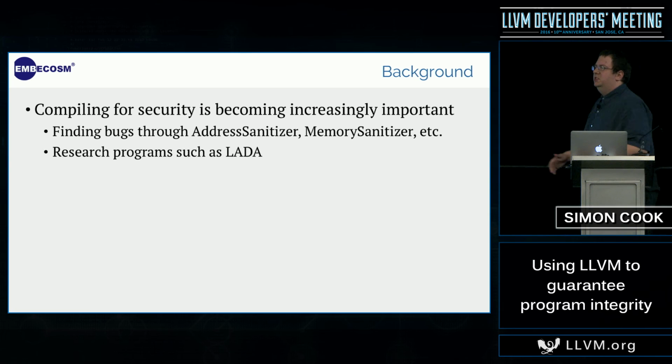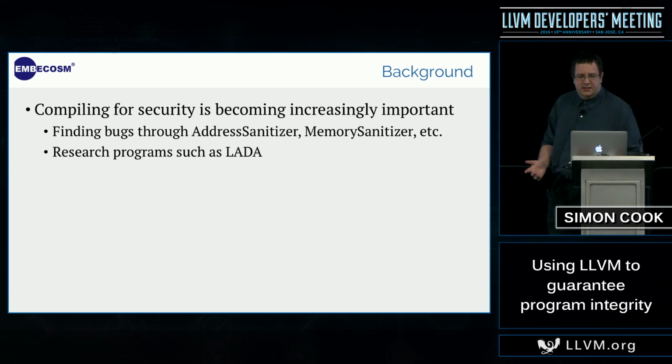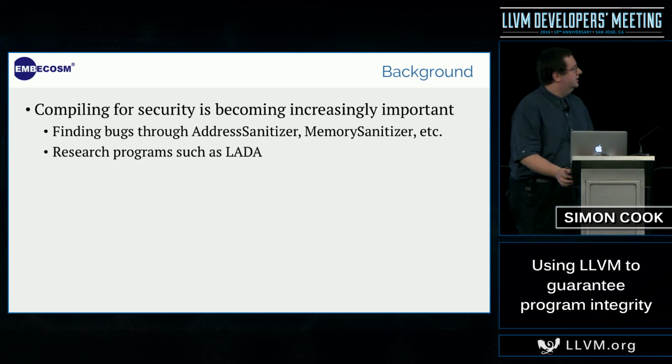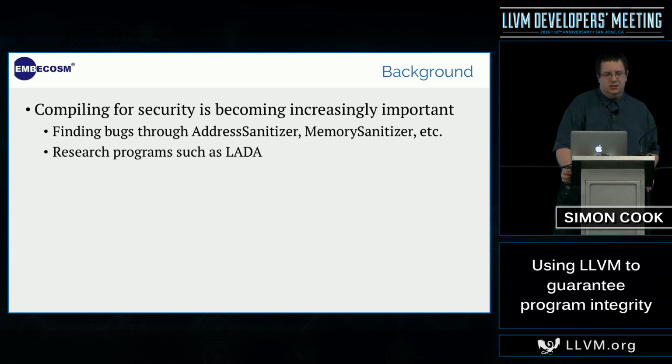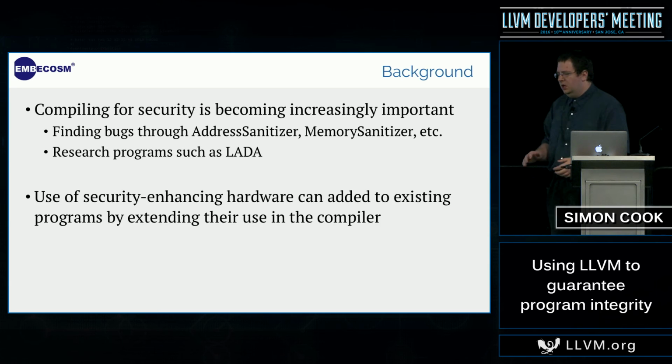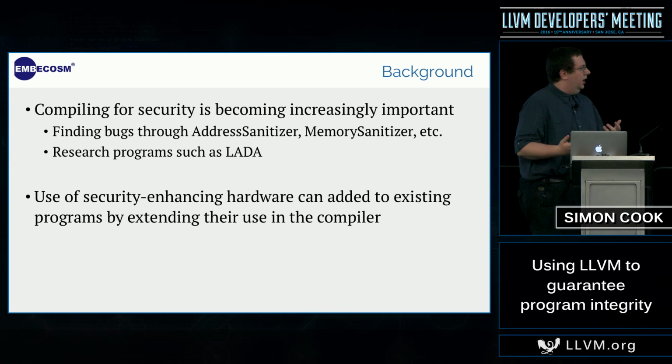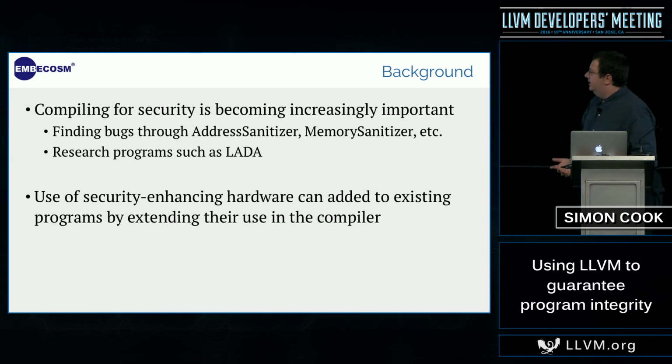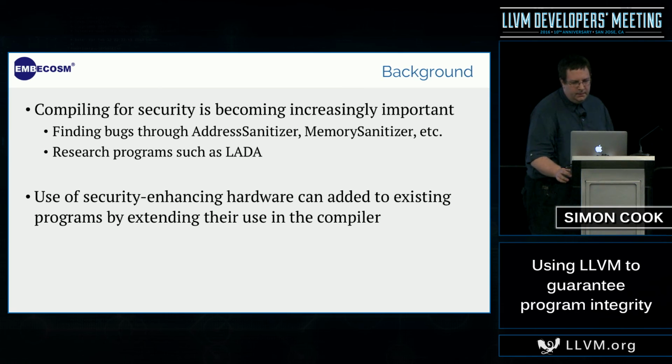Now, most of these things are generic. They apply to almost all architectures. But there's sort of a third category, which is if you have an architecture with specific hardware features designed to stop people doing things they shouldn't to your program, then you probably also want compiler support for these. And this is the thing that I'm going to be describing today.